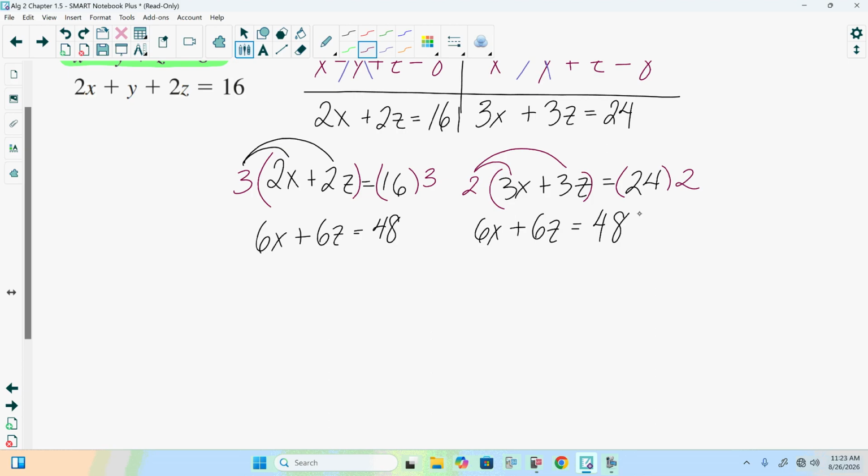So, questions on how we got here? Now we would add or subtract the two equations.